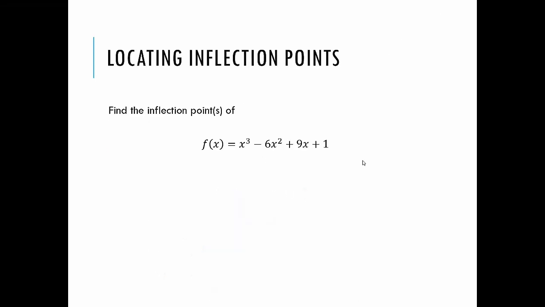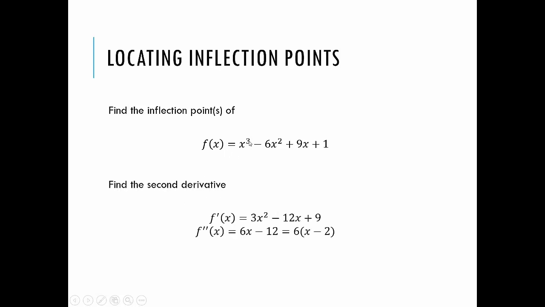So for this function, let's find the inflection points. I said you do it by finding the second derivative. The first derivative: bring the 3 down, subtract 1; 2 times 6 is 12, subtract 1; 9x is 9. Then for the second derivative, I take the derivative again: 2 times 3 is 6x, minus 12, since 12x becomes 12.